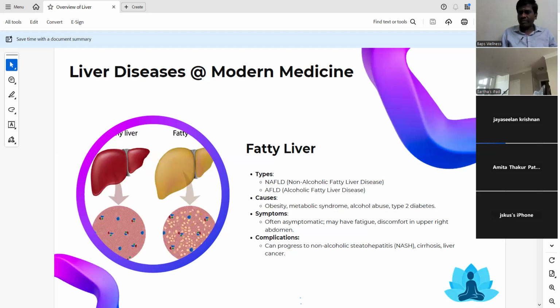In case of alcoholic, the first thing is to stop the alcohol and then give some nutritional support. That is important. With regard to cancer risk, alcoholic fatty liver is high with cirrhosis, whereas in NAFLD it is moderate to high with NASH, that is steatosis.